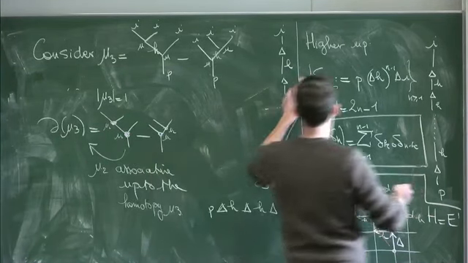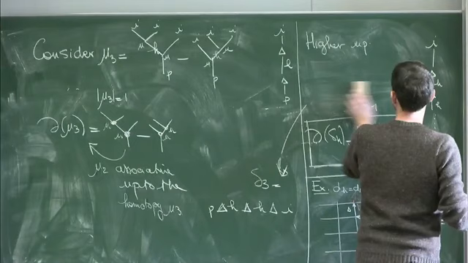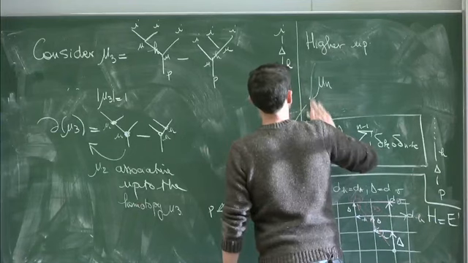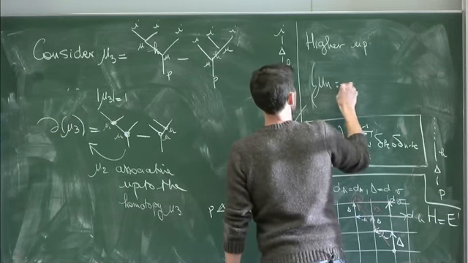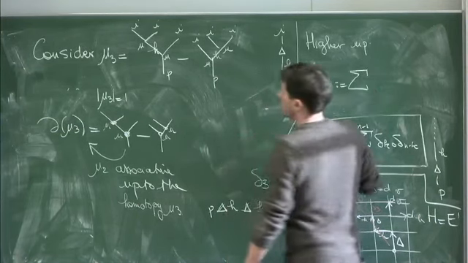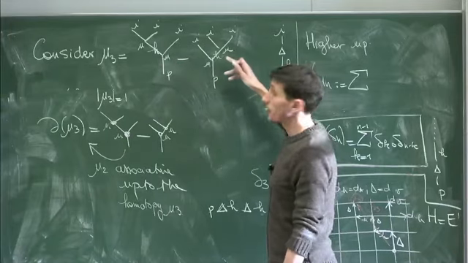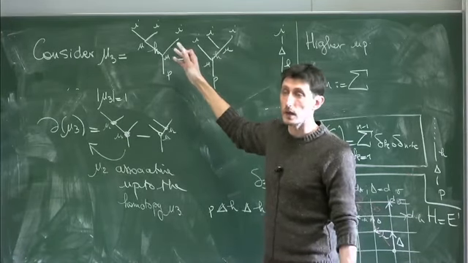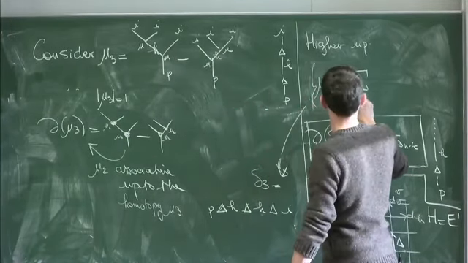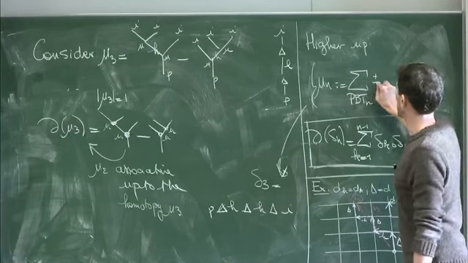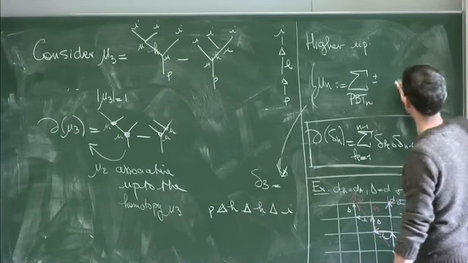Again, higher up, you consider maps mu(n). I want to extend this. What did I consider here? I considered all the planar binary trees, here with 3 leaves. So now I'm going to take the sum over all planar binary trees with n leaves, with a certain sign that I definitely do not want to make explicit.